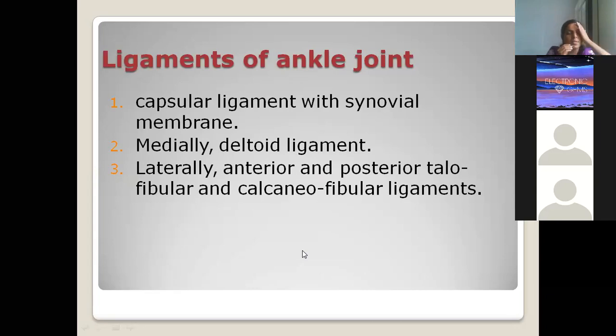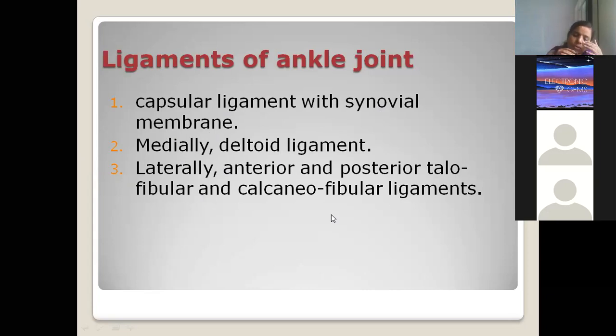Now coming to the various ligaments of ankle joint, see outermost covering is capsular ligament, inside lining is synovial membrane, medially we have deltoid ligament. Sometimes deltoid ligament itself can come as 3 marks question, very important. Laterally we have anterior and posterior talofibular and calcaneofibular ligament.